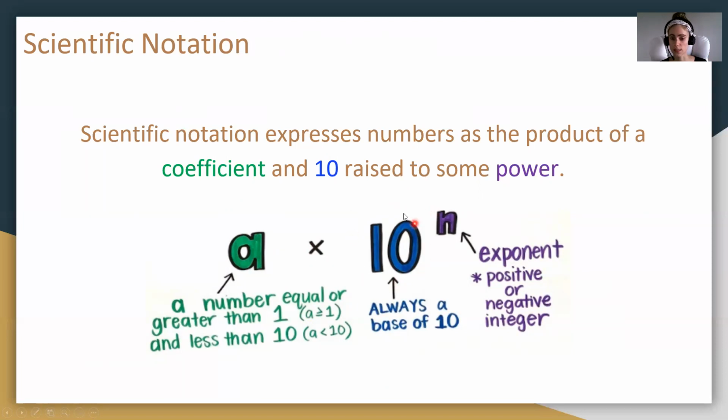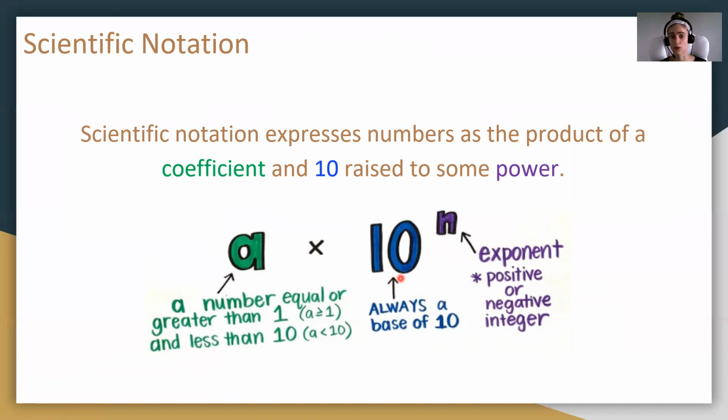Our base is always going to be 10. That helps you know it's scientific notation: if you see it written like this, a number times 10 to an exponent, that tells me it's scientific notation. The reason we always have a base of 10 is because that's our number system. We work in sets of 10.